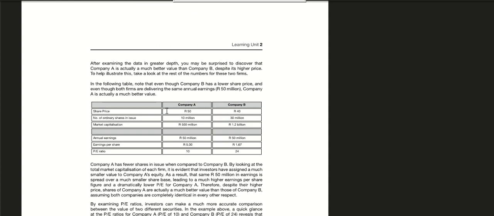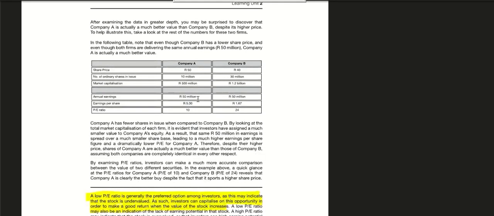But actually, when you look at more information, you could see that in the end, when you're looking in terms of the number of shares that is in issue, true, given that company A is more expensive, the share price is greater. But when you're looking at the number of ordinary shares in issue, it's 10 million versus 30 million. Company B three times that, right?